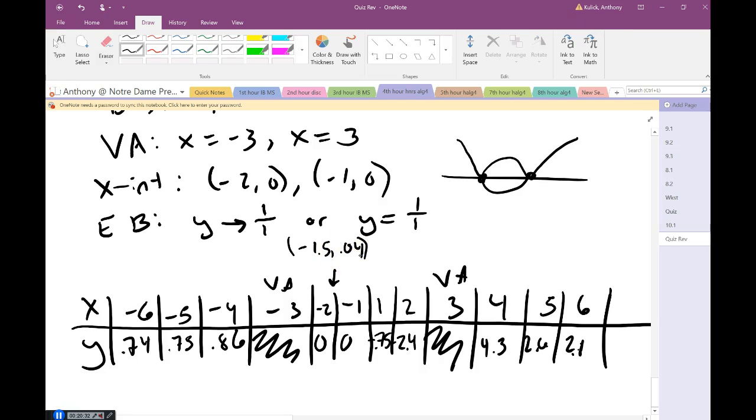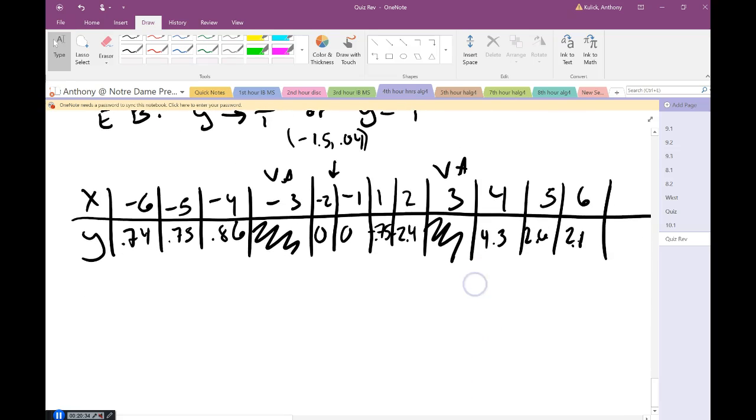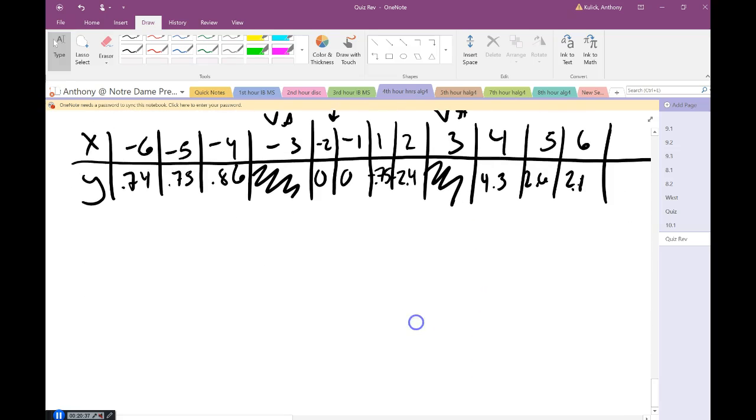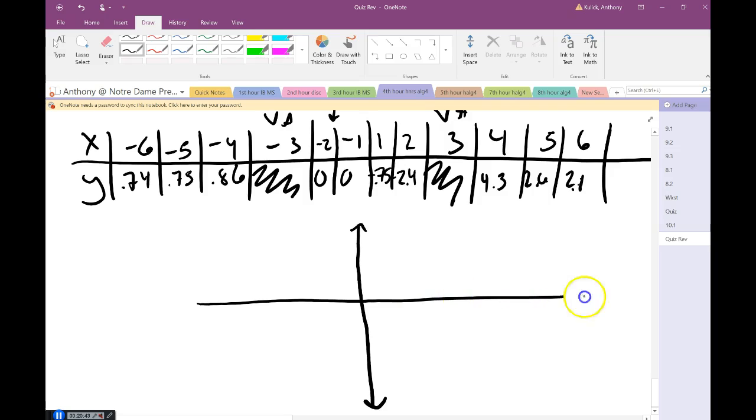All right. And let's take a look at what this looks like if we go and plot these points now. 1, 2, 3, 4, 5, 6.